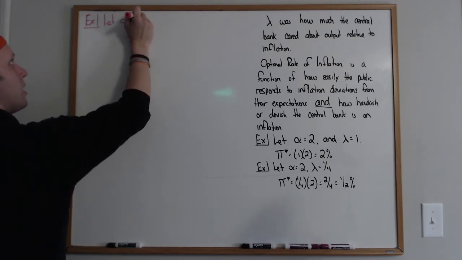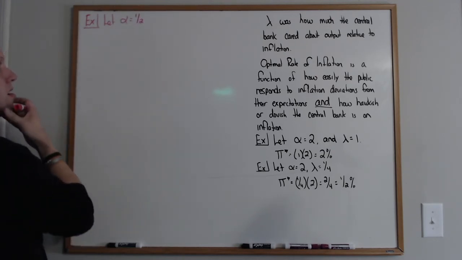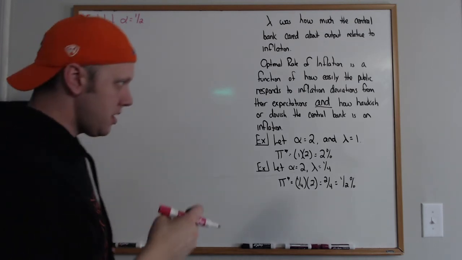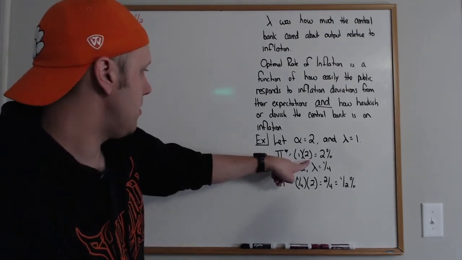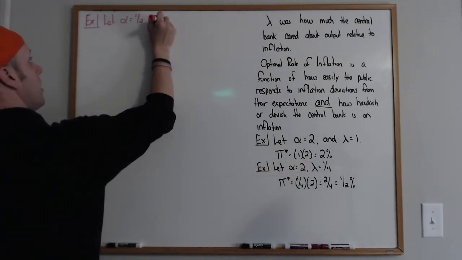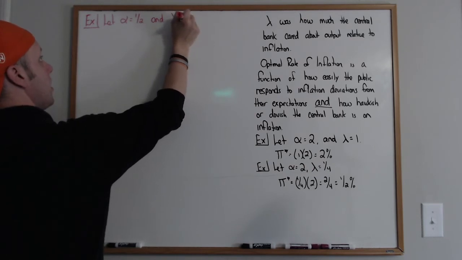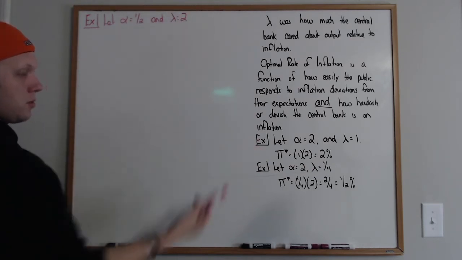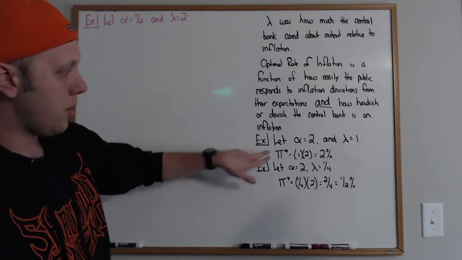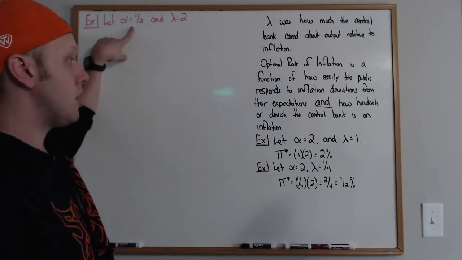Let's let alpha be 1/2, and let's have lambda be equal to 2, just so we can be fairly consistent with this first example. So instead of changing lambda like I did here, we're going to change alpha. Alpha is going to be smaller.